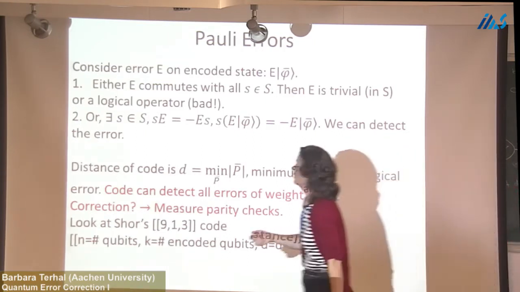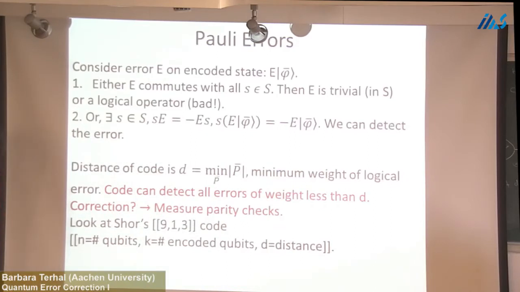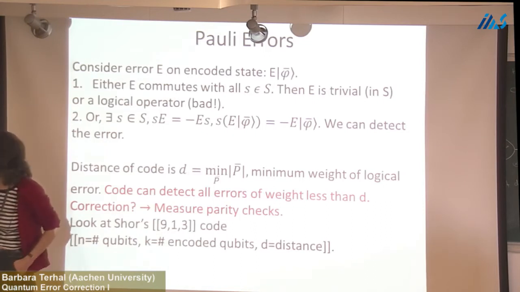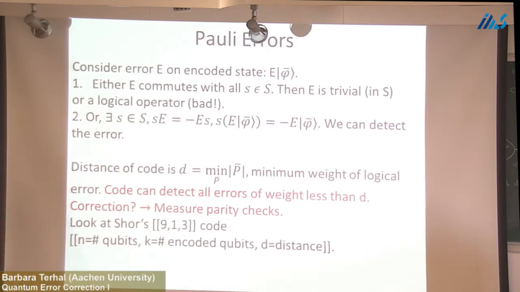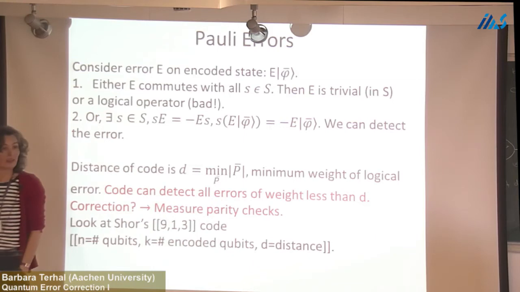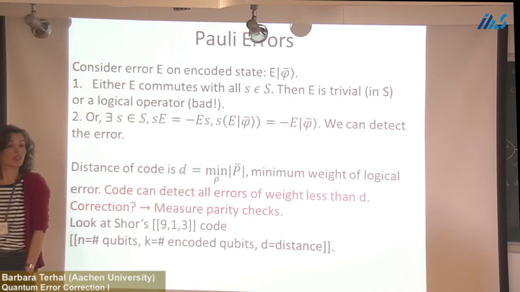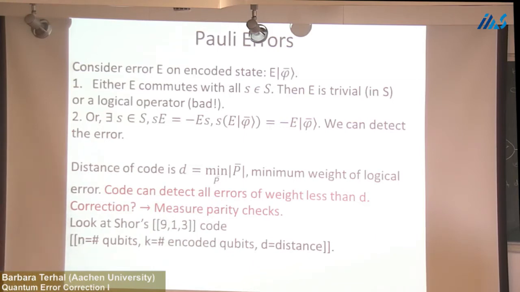For example, look at this simple example. I wrote down the logical operators here, and you can see that these are all weight 2, and if I multiply them with elements in this stabilizer, they're still weight 2. So the distance of this code is 2.